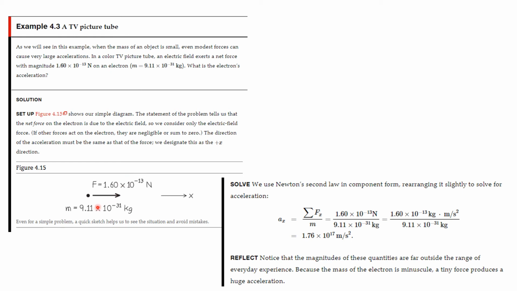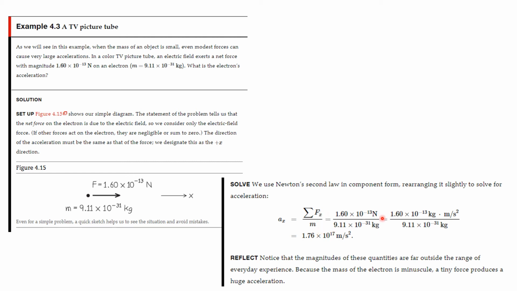Okay, so when we draw the picture, we get this. Here's the mass, there's the force, and the only thing we don't know is the acceleration. So F is equal to ma, and this is only going in the x direction. So the acceleration in the x direction is the summation of the forces divided by the mass.